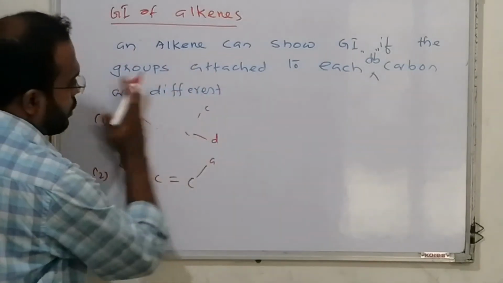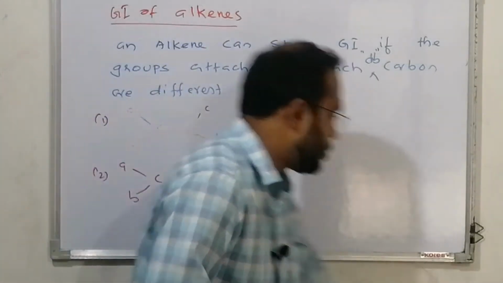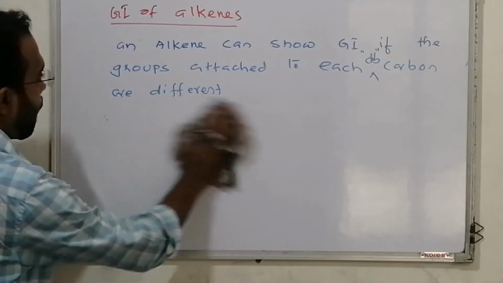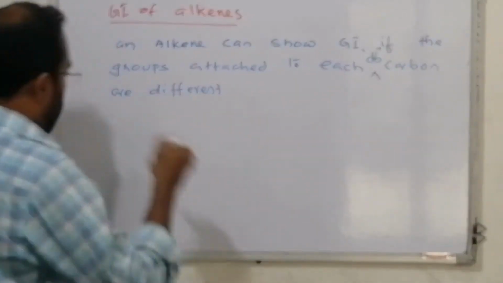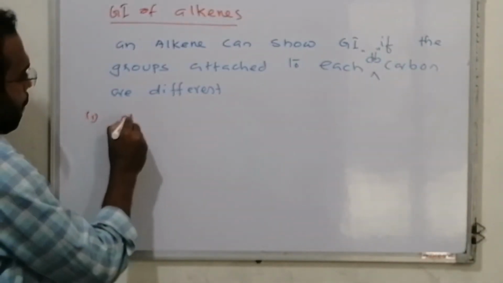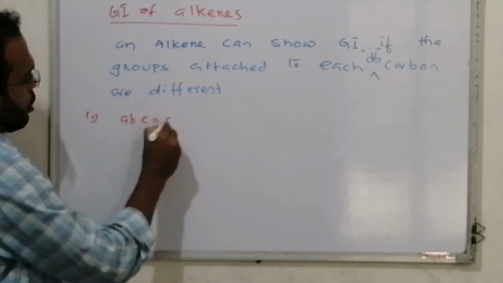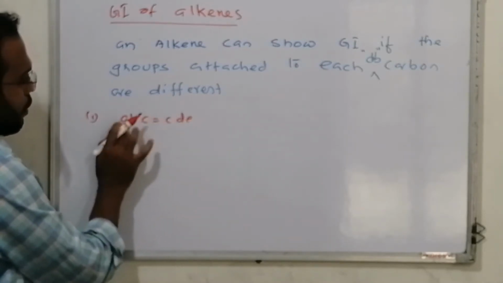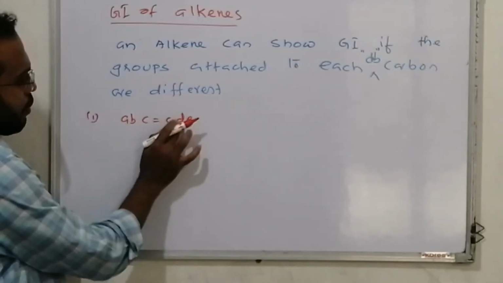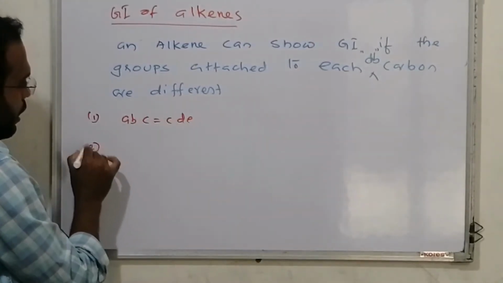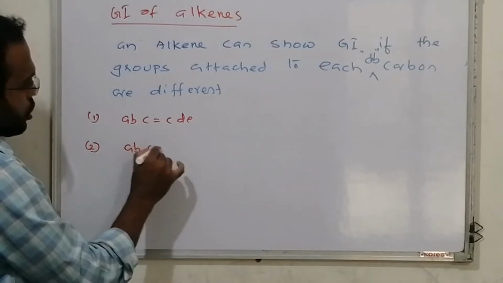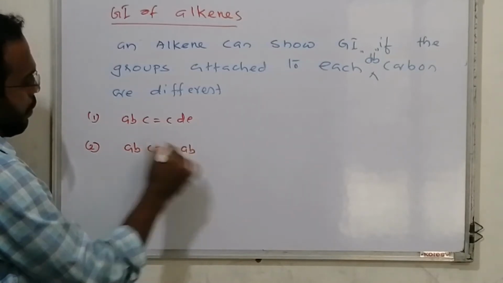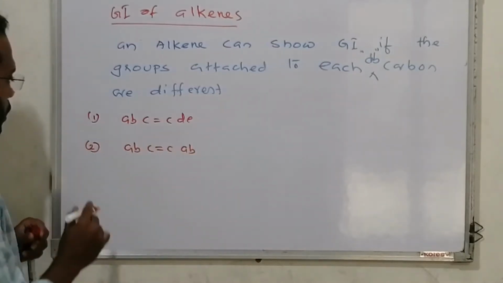Let me write like this. That's quite simple. First: A, B, C double bond C, D, E. The groups attached to this carbon are A, B, and to that carbon D, E. Second case: A, B, C double bond C, A, B. This is okay.